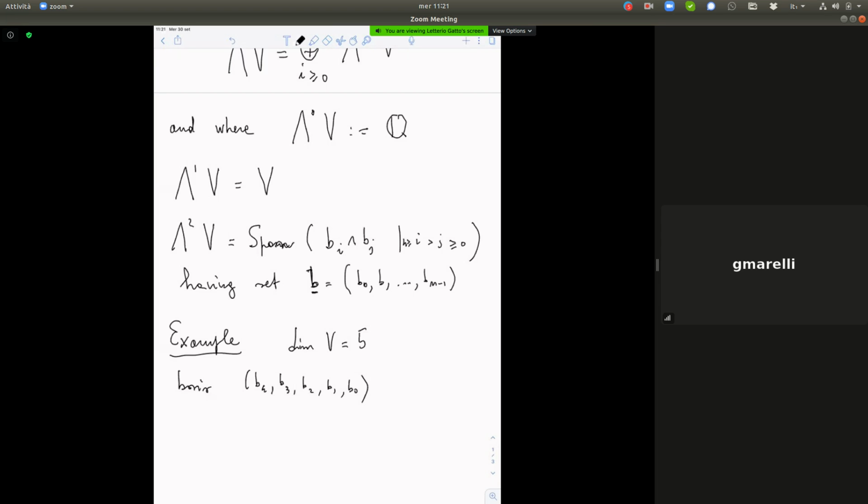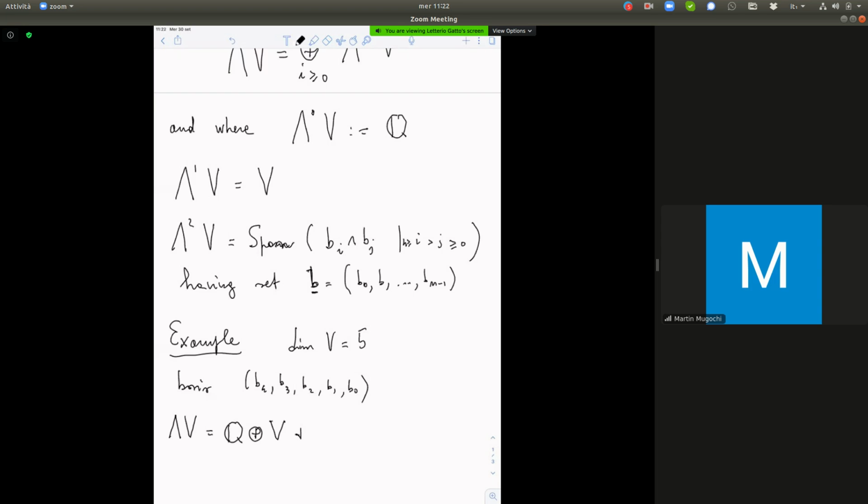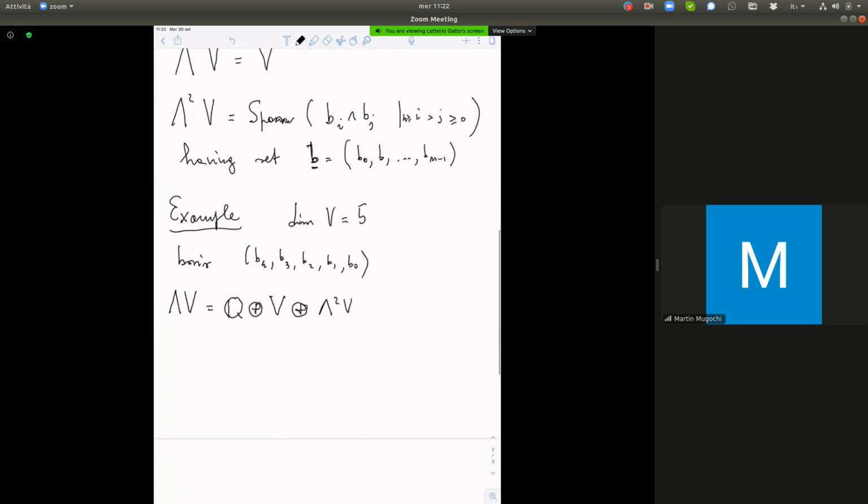We have this basis, and then we want to figure out what the exterior algebra is. The exterior algebra is, first of all, Q. Then there is V, and then we have to put wedge 2V.